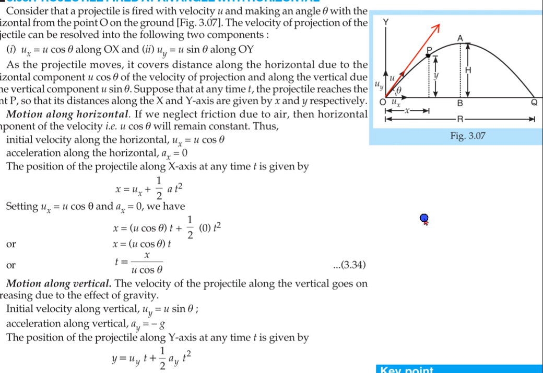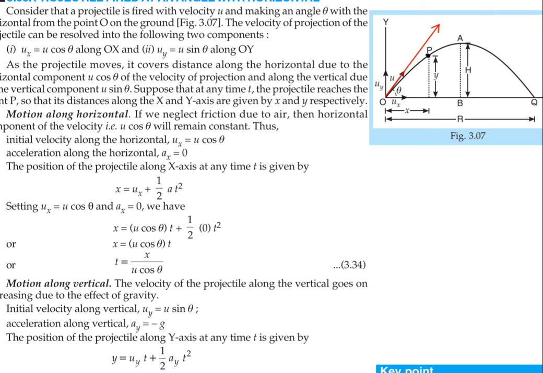The maximum height a particle can reach is H, and y is the displacement along the y-axis at any time. Here we'll take point P, the height of point P from the ground is y.